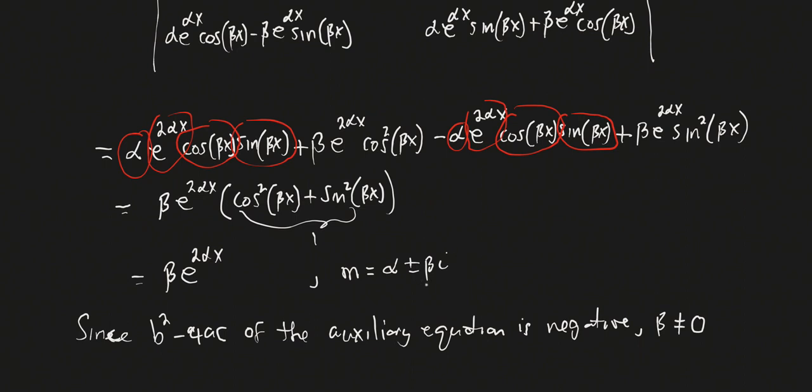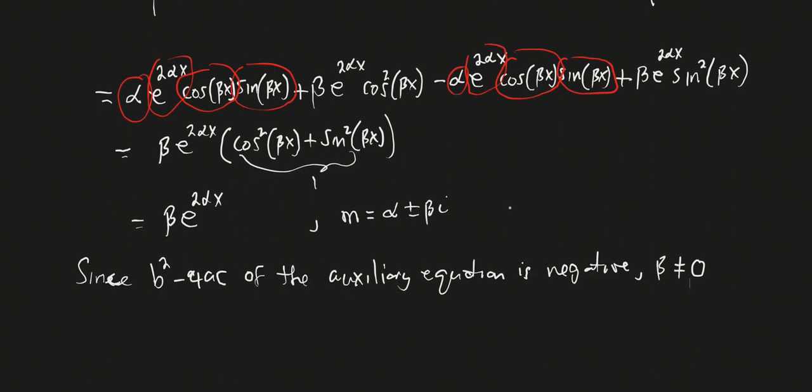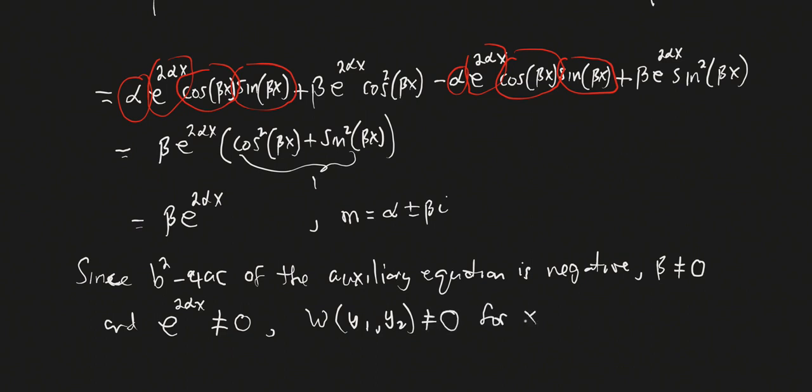That's why we had to end up using that fancy result from Euler. So we know that beta can never be 0, and we know our exponential function under no circumstance can be 0. So that's always non-zero. So the Wronskian in this case, again, is never equal to 0 for all real values of x.